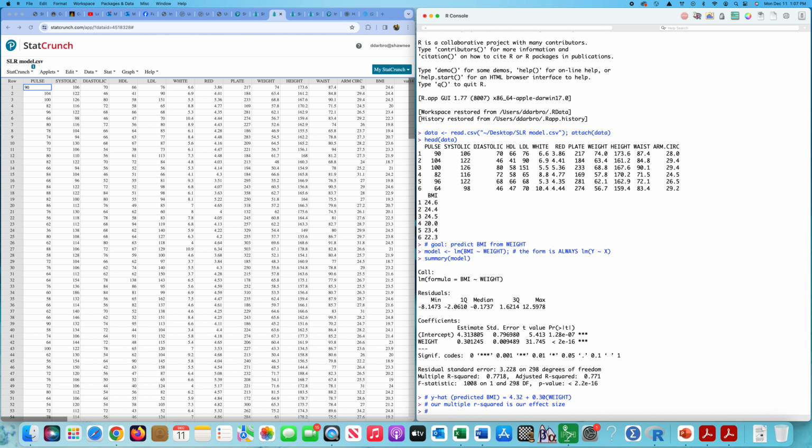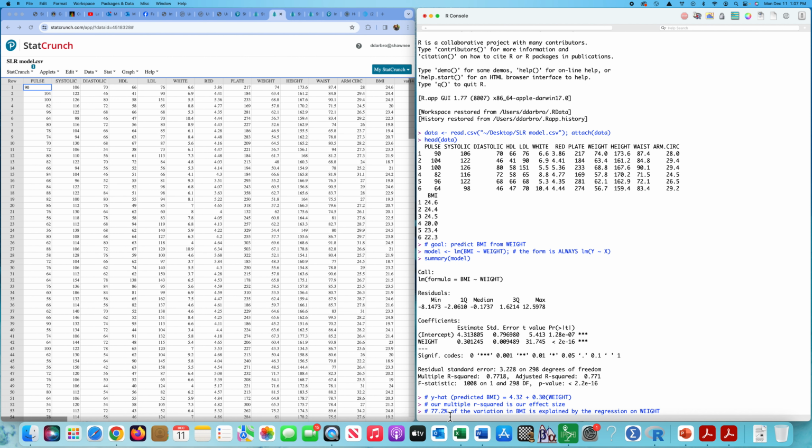So we could say here that 77.2% of the variation in our y is explained by the regression on weight.